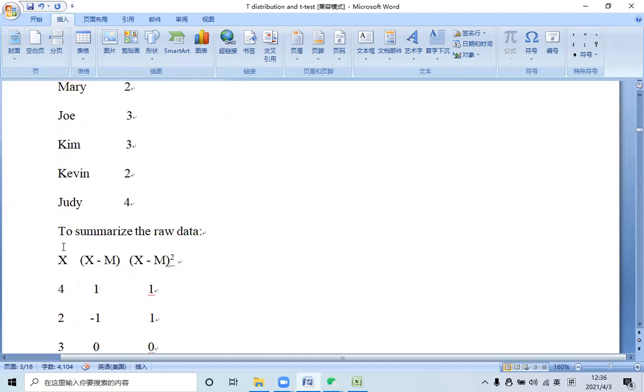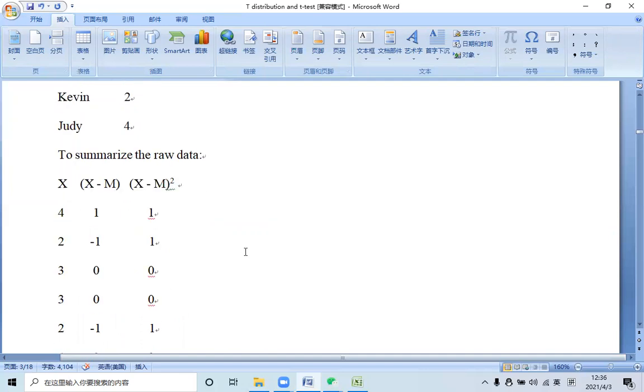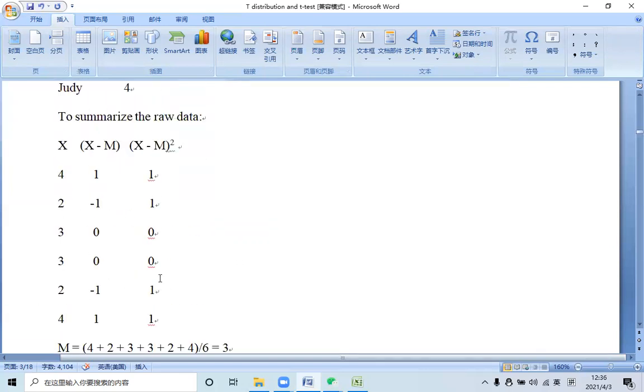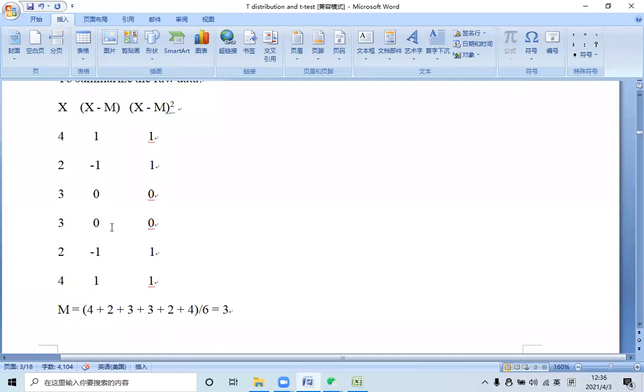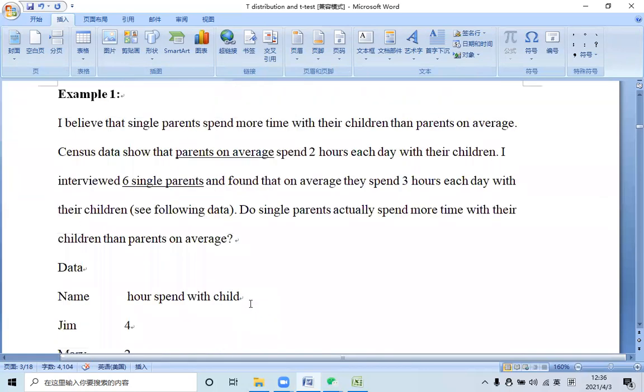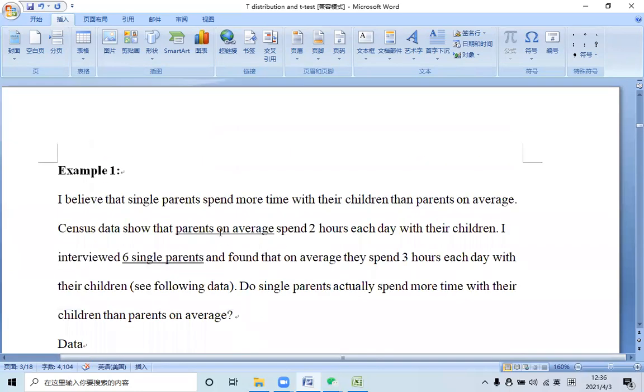And you want to summarize the raw data. To summarize the raw data, we always get the mean and the standard deviation. You calculate the mean. On average, these 6 people spend 3 hours per day with their kids. And you look at what we know.